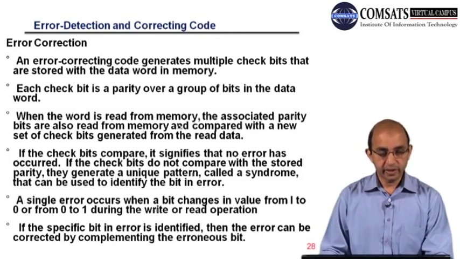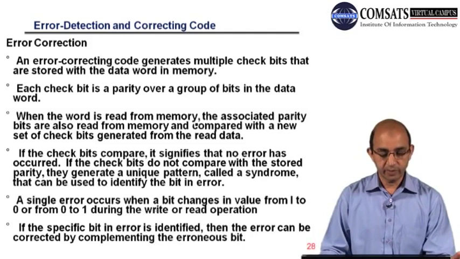Whenever we read the data from the memory, the parity bits associated with that word are also read from the memory, and they are compared with the new set of check bits generated from the read data. If the check bits compare, it indicates that there is no error.